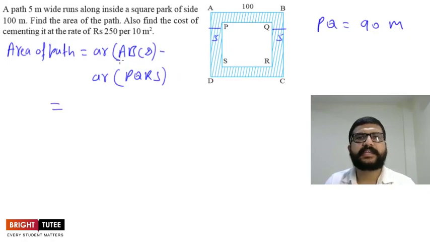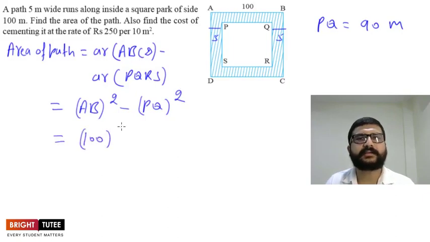So now area of ABCD, we know how to find the area of a square, it is side square. So it will be AB square minus PQ square, and PQ square is the area of the square PQRS. Now we know AB is 100, so this will be 100 square minus 90 square because PQ is 90.